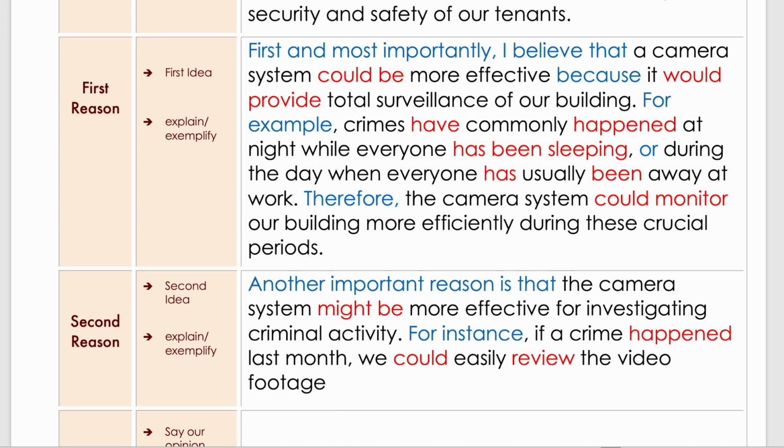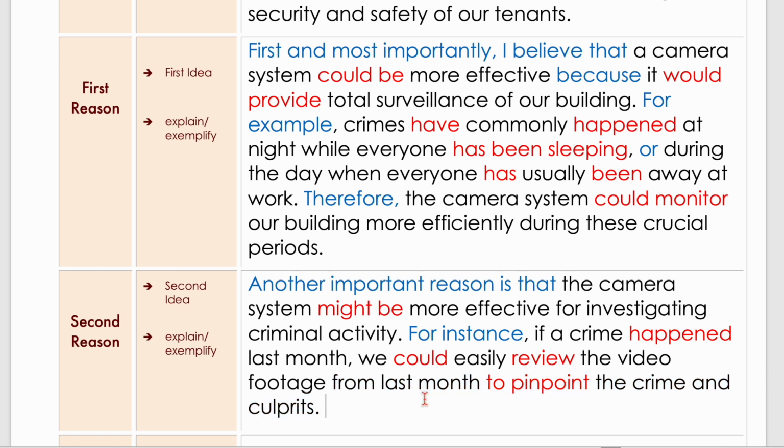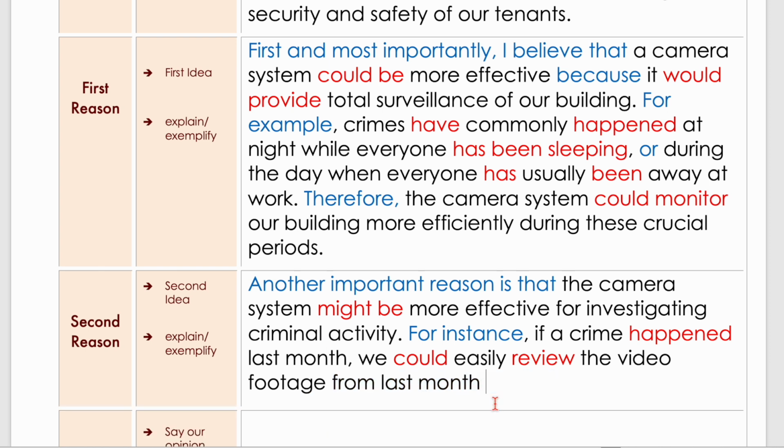Level 8s, they might do this: we could easily review the video footage from last month. Okay? Still correct. All right? Now, level 9s, they will explain more clearly and they will use phrases or describe the noun, the video footage, more.